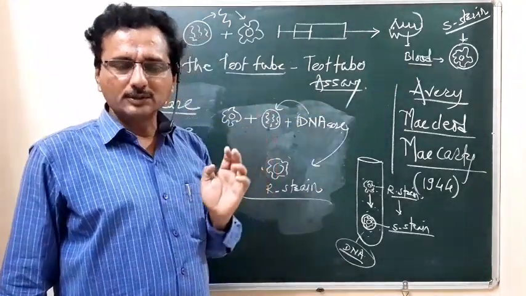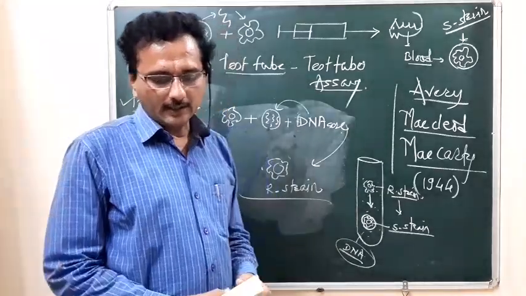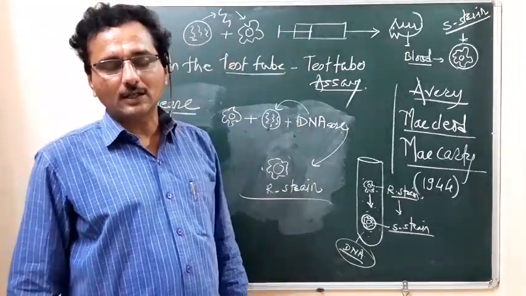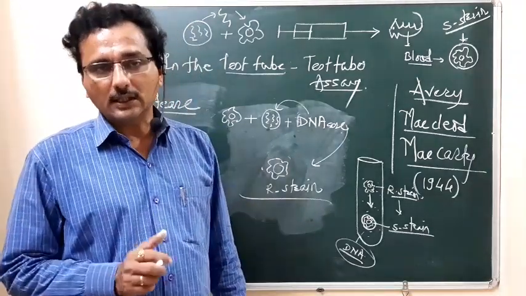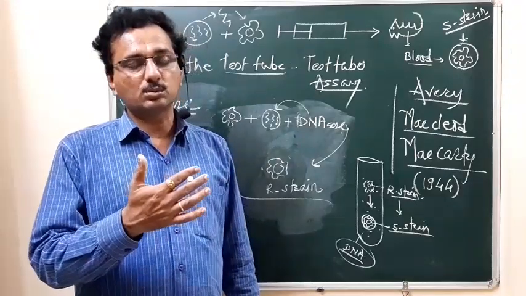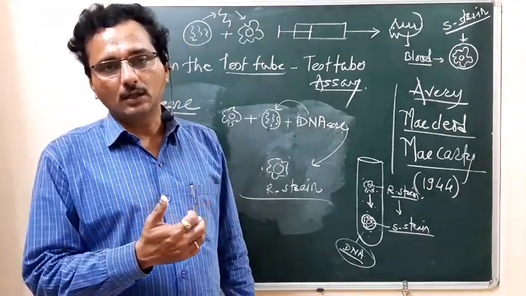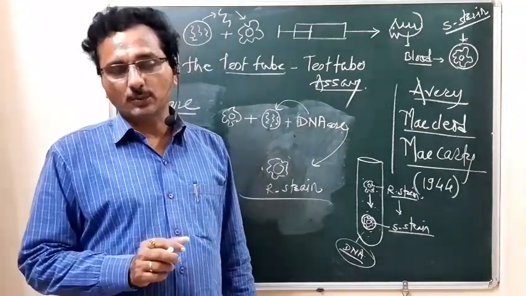Okay, so on the basis of this, the group of 3 scientists concluded that the transforming principle is not a protein, it is not RNA, it is not any other substance; whatever the substance isolated from the heat killed smooth strain, only the DNA acts as a transforming principle.